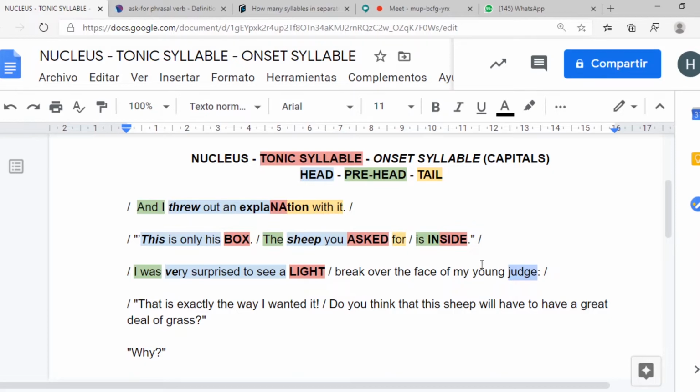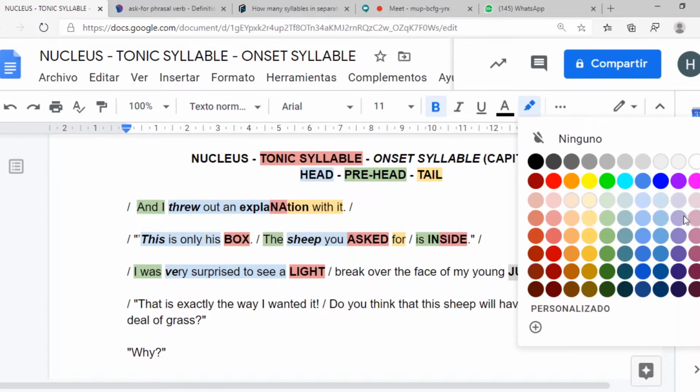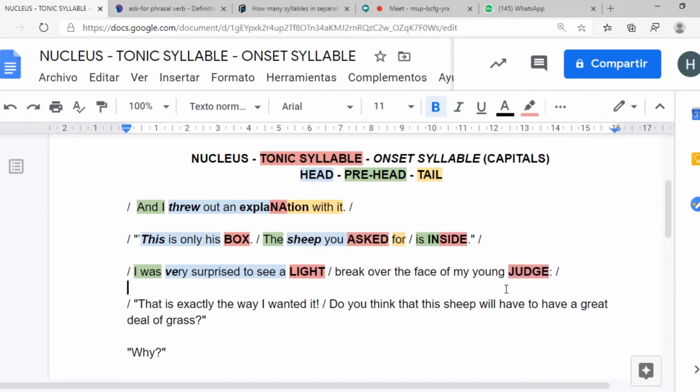Judge, yeah, I have an adjective and a noun here. I have a noun phrase, final noun phrase, so I don't have any kind of exception of the last lexical item rule. So judge, this is okay to have this word as my nucleus, and as this is a monosyllabic word, this will be my tonic syllable.